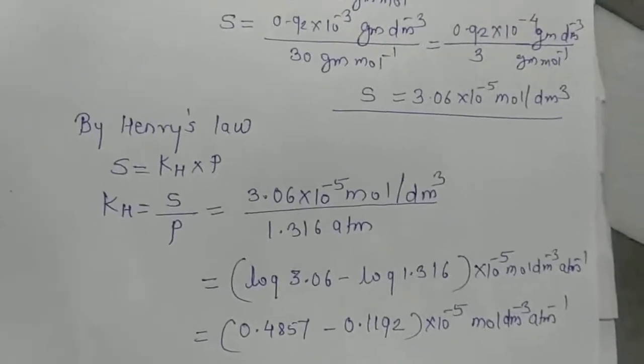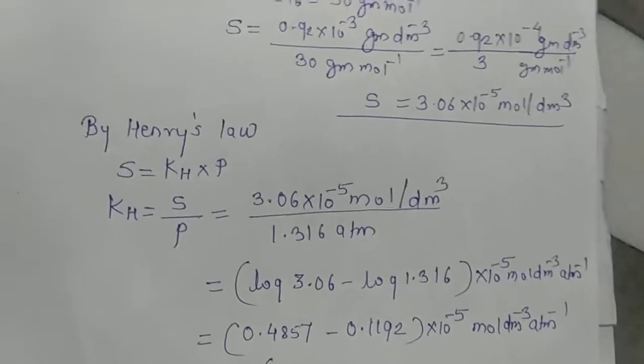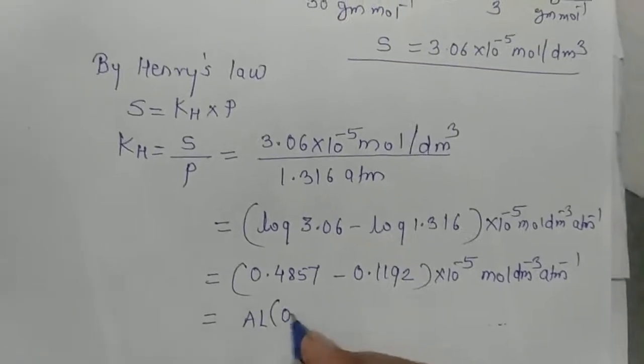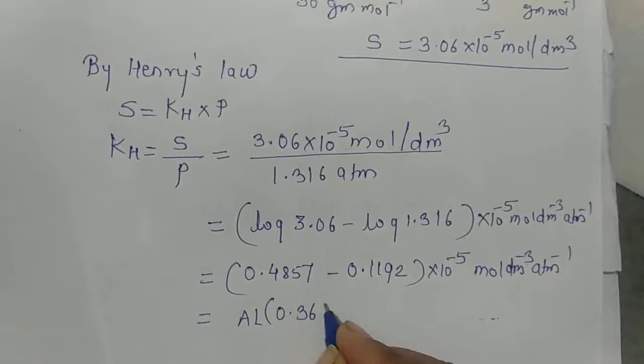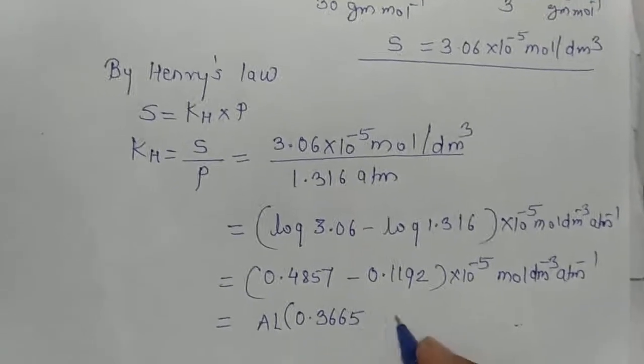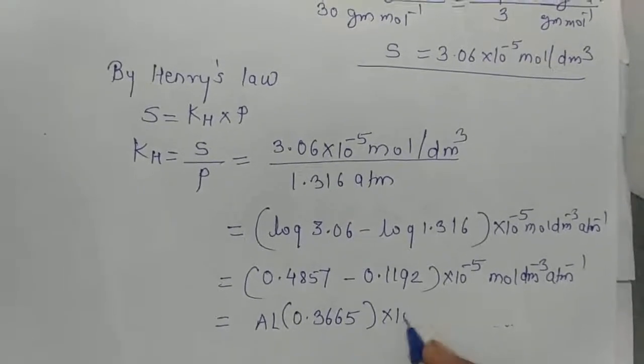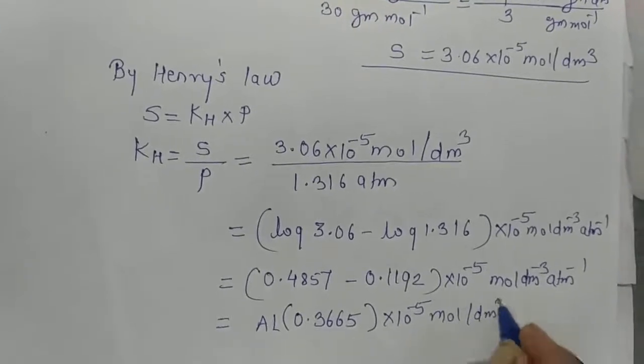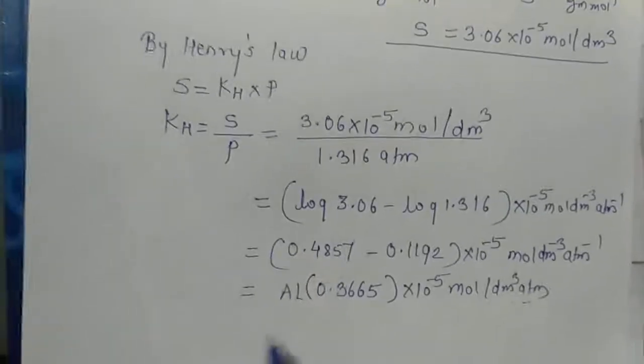So here we are getting the subtraction value, that is 0.3665 into 10 raised to minus 5 mole per dm cube per atmosphere.